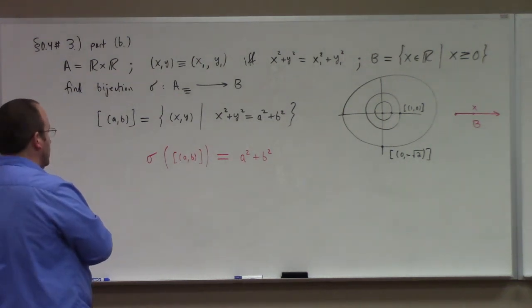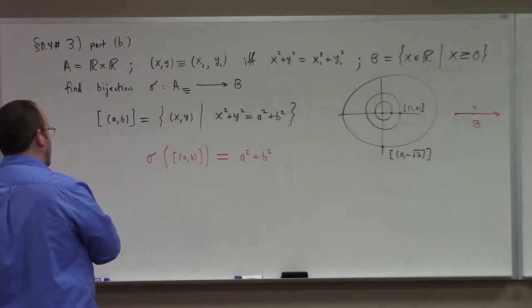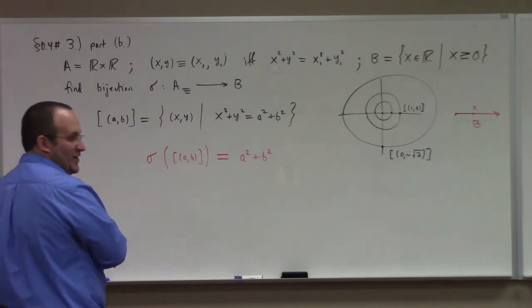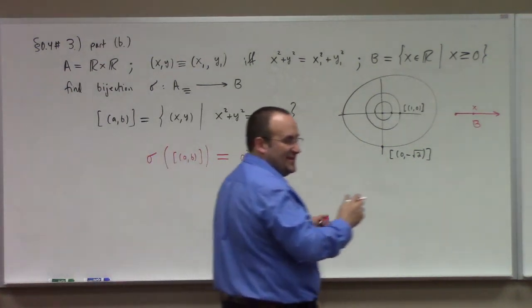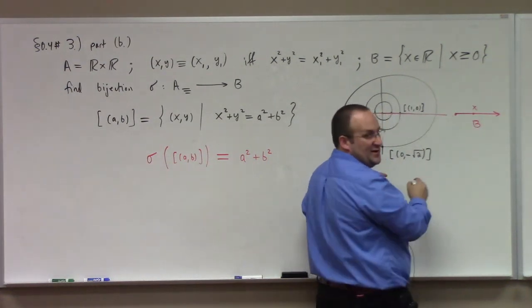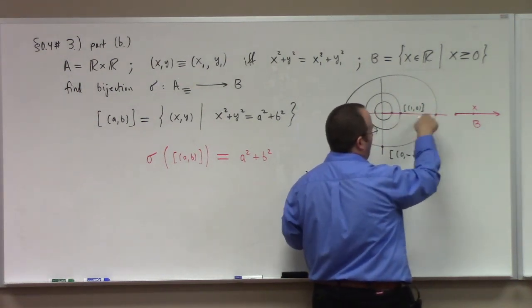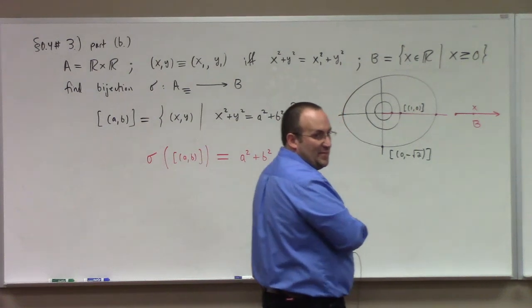Very good. I was thinking something more complicated. No, it would have been the same thing. I was just making it more complicated. Here's what I was thinking. I'll take this line, draw it back here, and use the x-coordinate of where the circle intersects this line as my map.